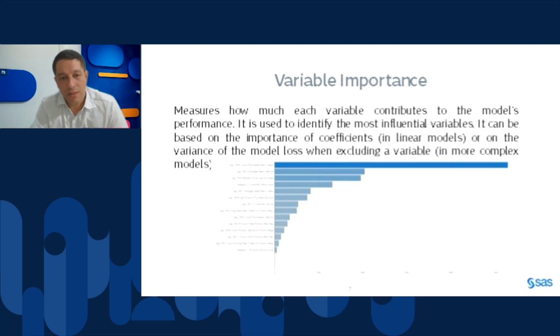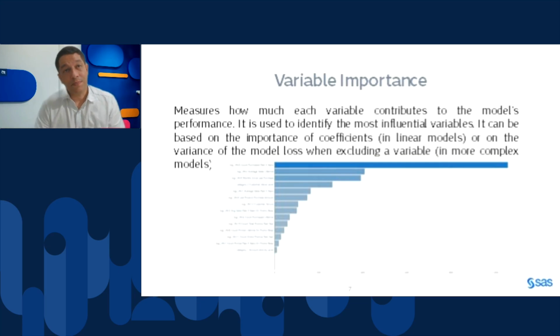The first is variable importance, which is very common in SAS Viya. With this technique, we can identify the contribution of each variable in the model. This number can be calculated in various ways.